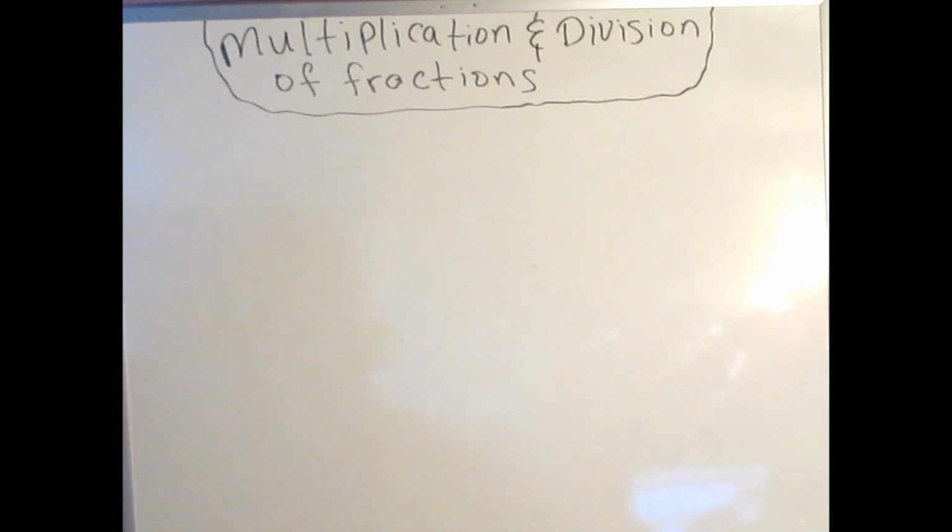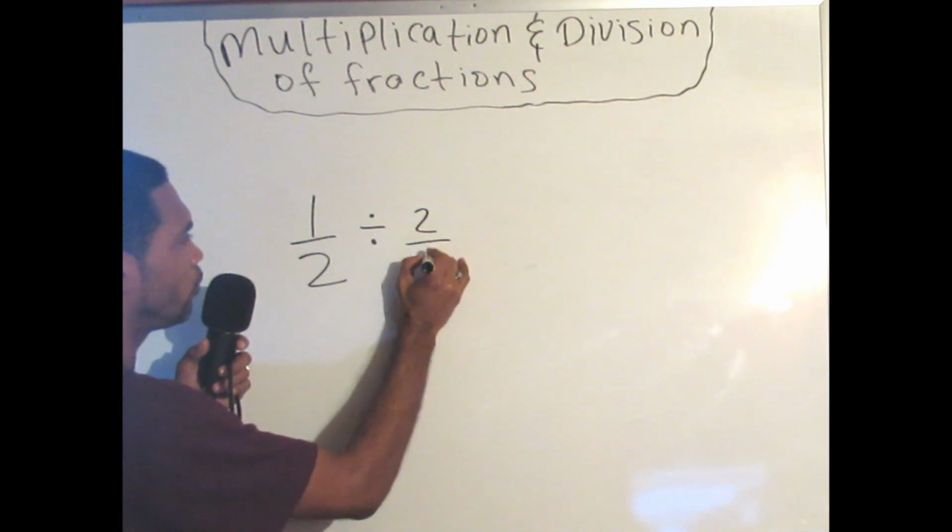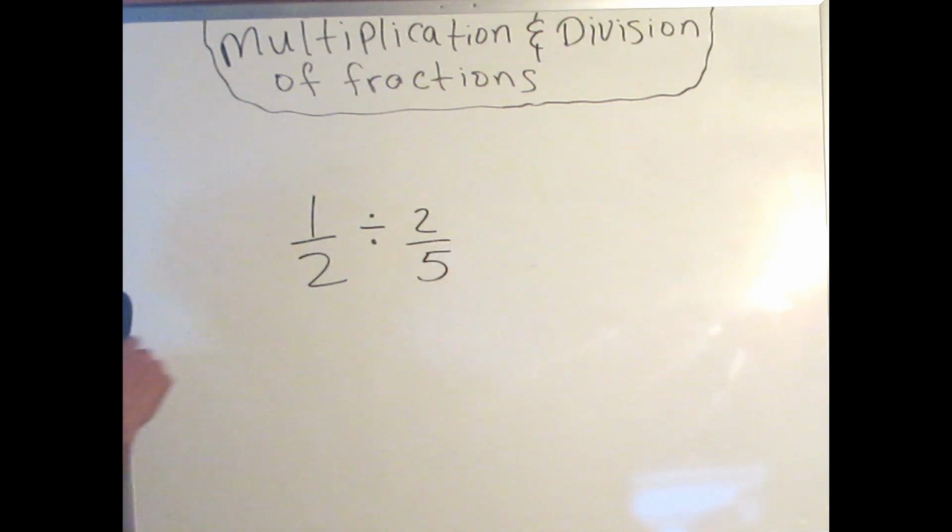And whenever it comes to dividing fractions, in reality, you're not really dividing fractions, because whenever we divide fractions, it will lead us to multiply in order for us to get our answer. So let's say they give us half divided by 2/5, and they ask us to divide this fraction.